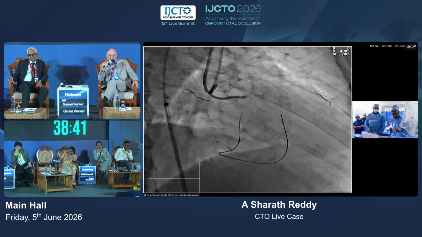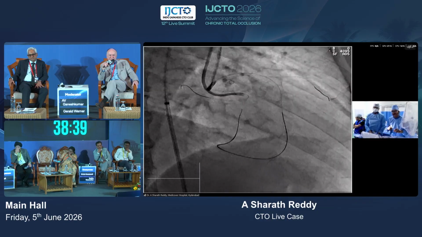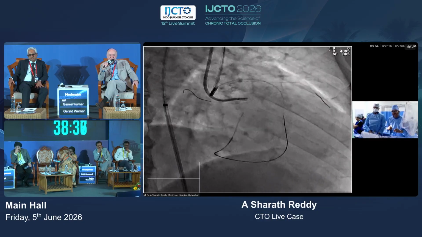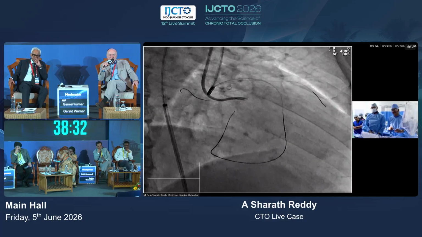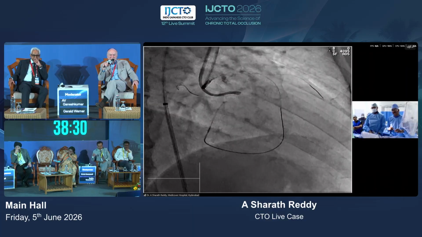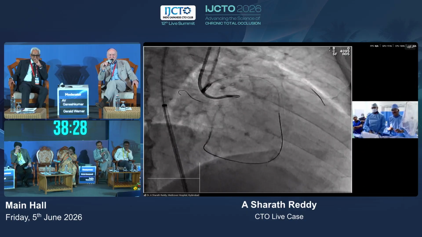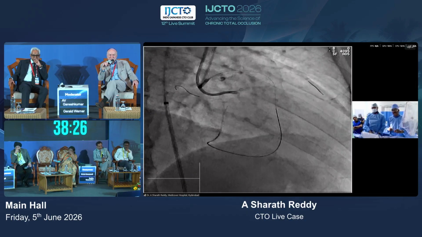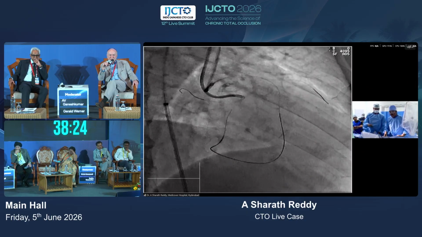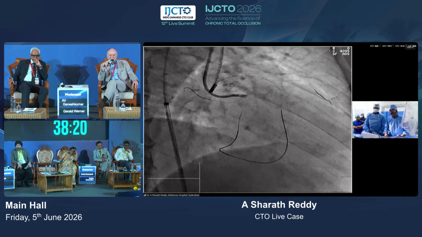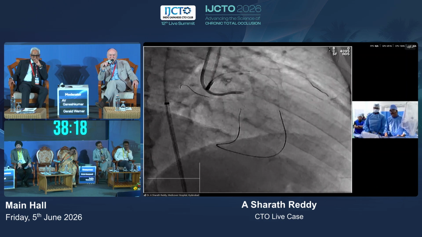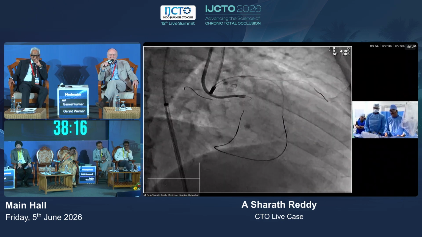So once I make a way into the cap, then I can de-escalate my wire to either Gaia or Pilot or whatever. I have to essentially make a hole in the distal cap. Without that, these wires may not work.